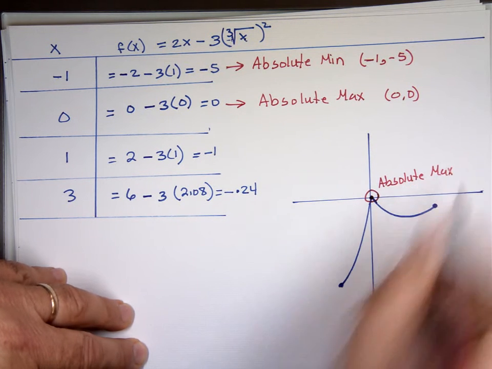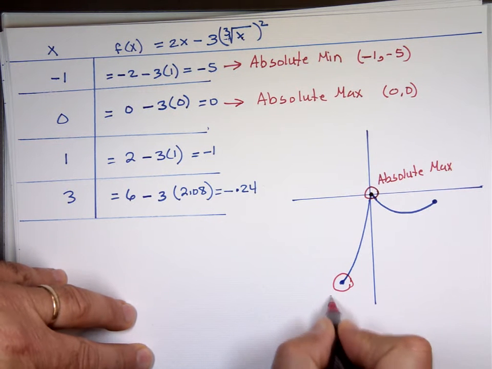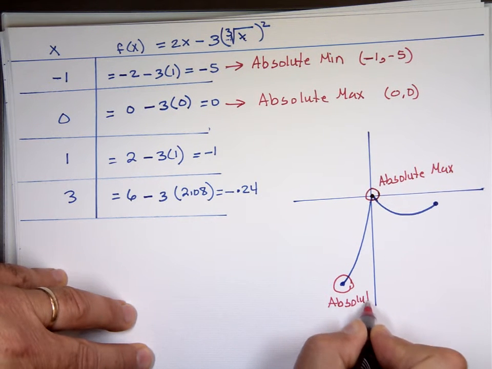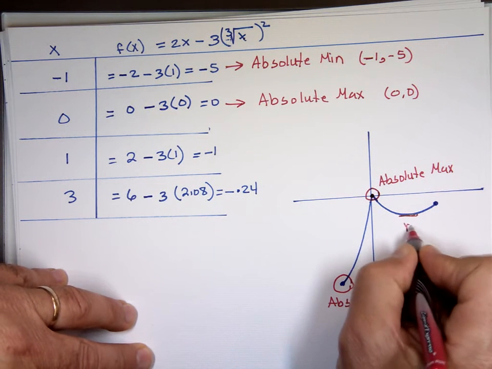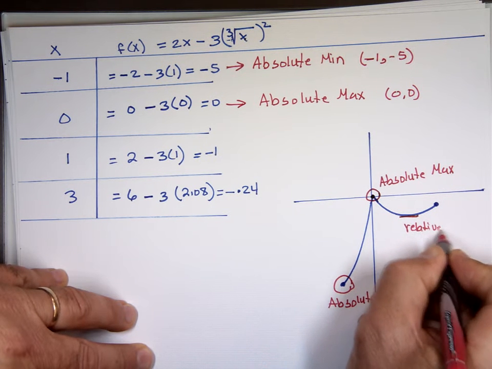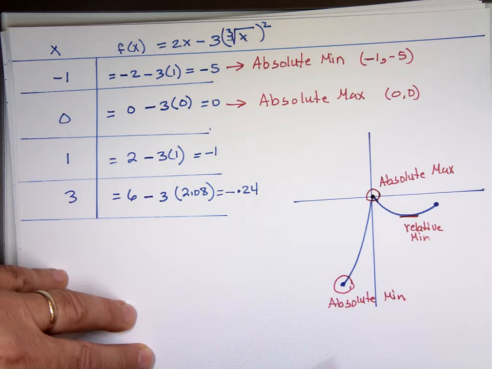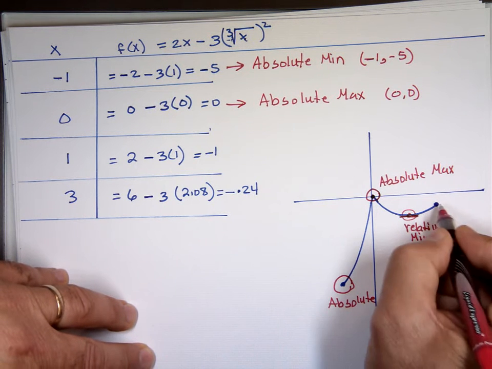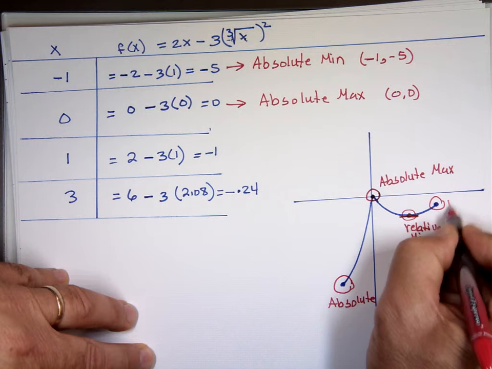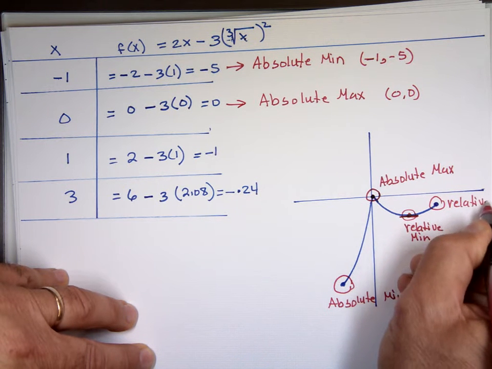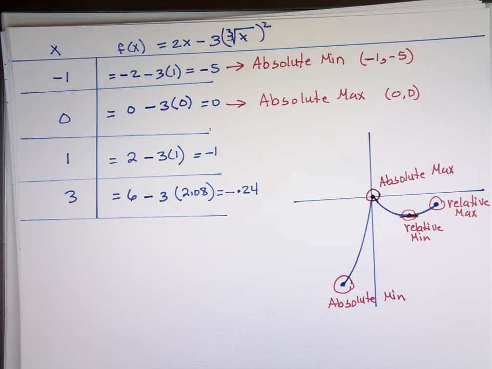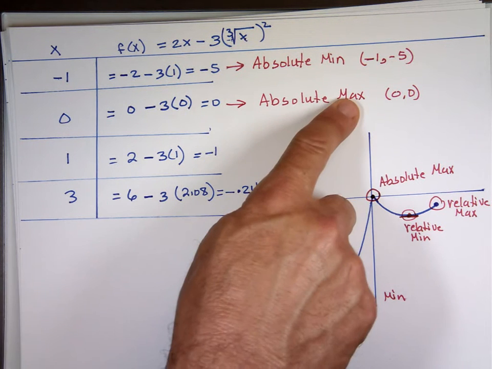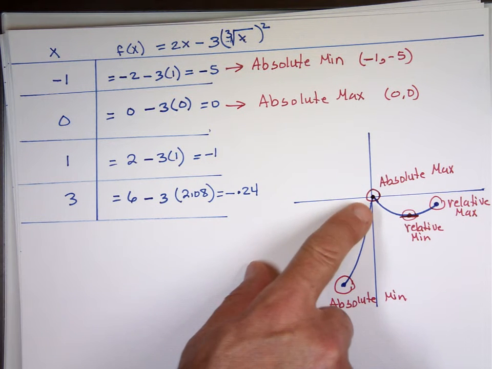And this is your absolute min. Again, we'll get to that later. That's a relative min. In this neighborhood, that's the minimum value right there. And in this neighborhood, that's what? Relative max. We didn't get to the relative yet. We're just doing absolute. If you have the picture, you get to see it. That's your absolute max, absolute min, the absolute max where the derivative is undefined there.